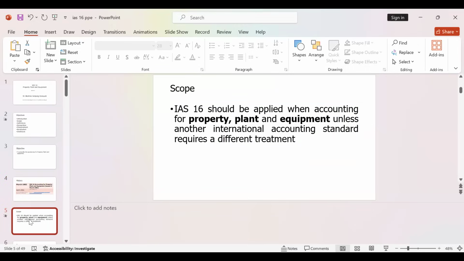Now, IAS 16 should be applied when accounting for property, plant, and equipment, as I've already told you, unless another international accounting standard requires a different treatment. Okay, there are some non-current assets which do not fall under IAS 16. The treatment of them does not fall under IAS 16 because there is a specific standard for those non-current assets. So apart from those, any other non-current asset should be treated with IAS 16 guidelines.